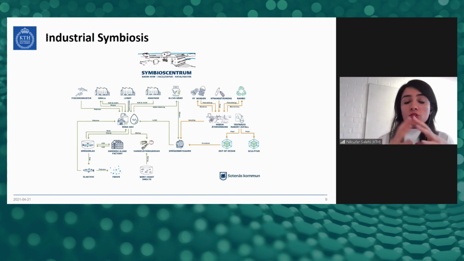But to know this information, they need to gather together and collaborate with each other. And in this project, CIS Sutenes, we are working on developing an IoT-based platform to enable this collaboration among these companies.